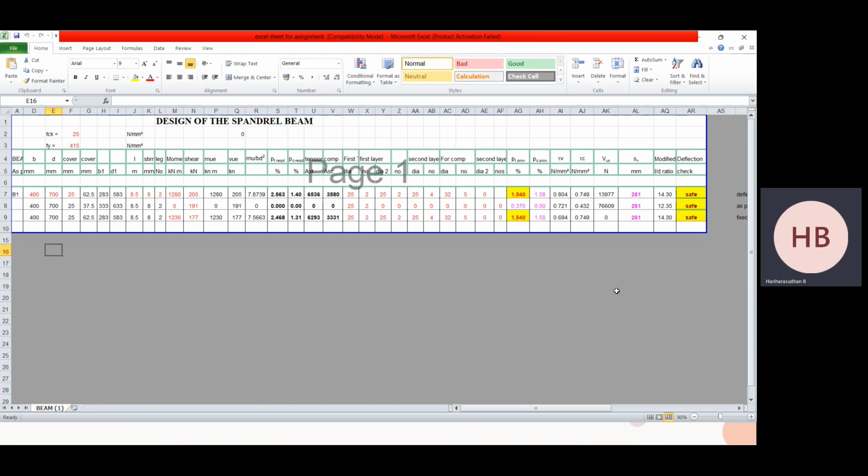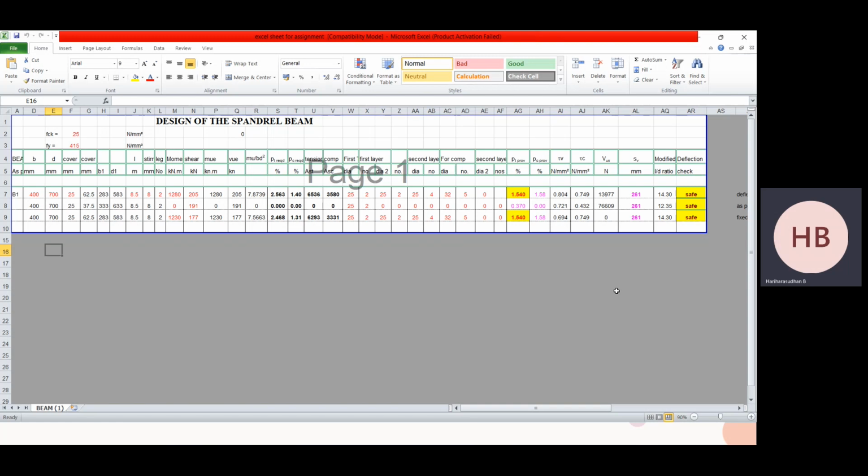Then bd is the breadth and depth of the beam, whereas this formula comes from clause 40.4, page number 72 of IS 456-2000. Then the spacing of stirrups should be calculated from the formula Vus = 0.87 fy Asv into d divided by sv, whereas Asv is the area of stirrups, which follows from the type of leg and the diameter of stirrup.